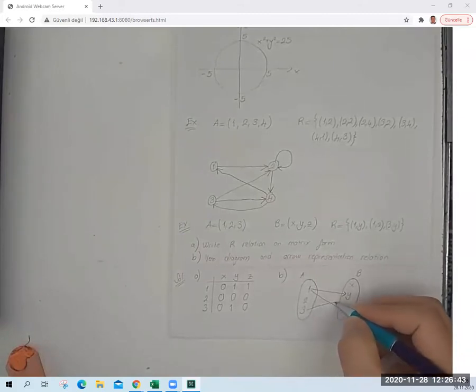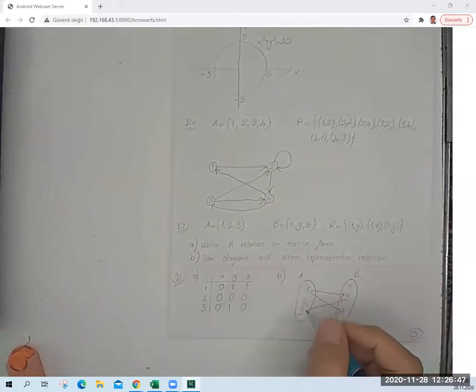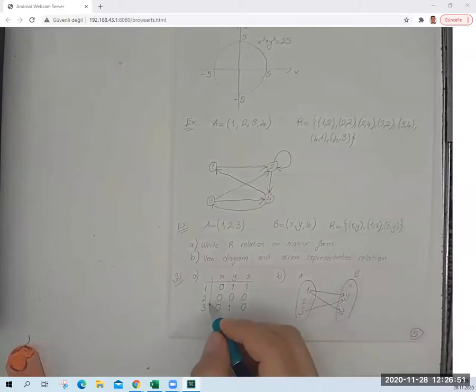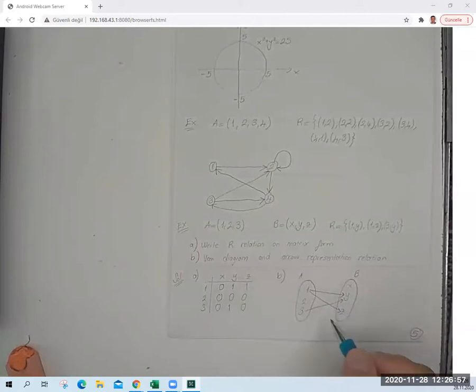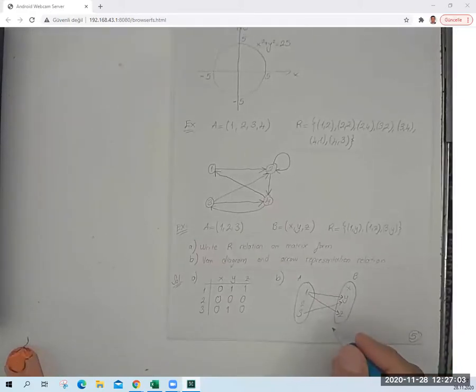So this is my pictorial representation. This is the matrix of the relation, and this is the Venn diagram and arrow representation, or arrow diagram, as a solution. Any question for that representation?